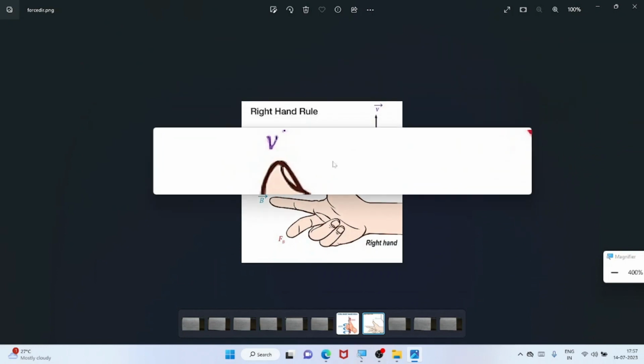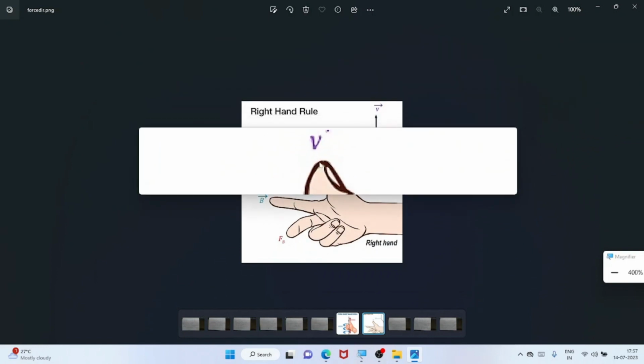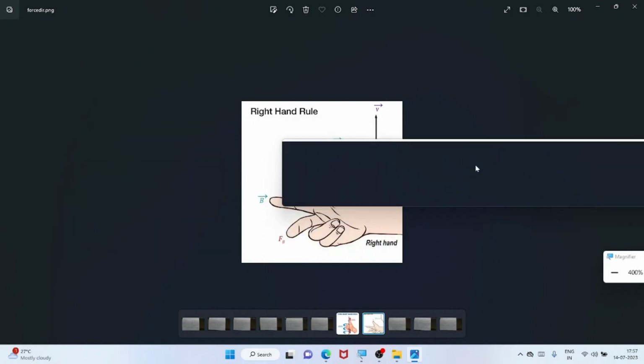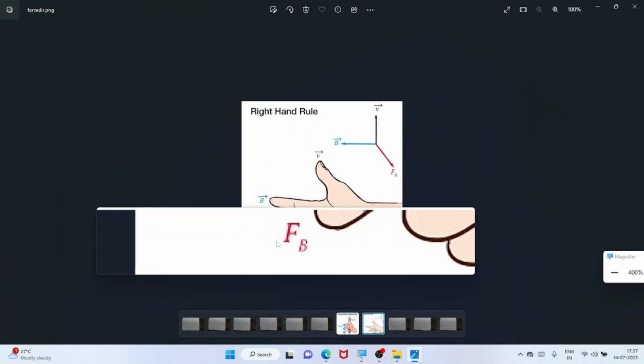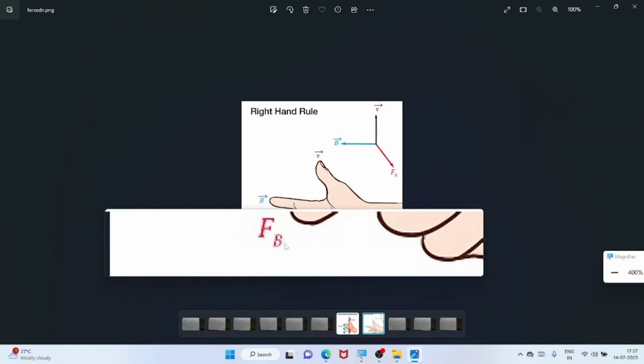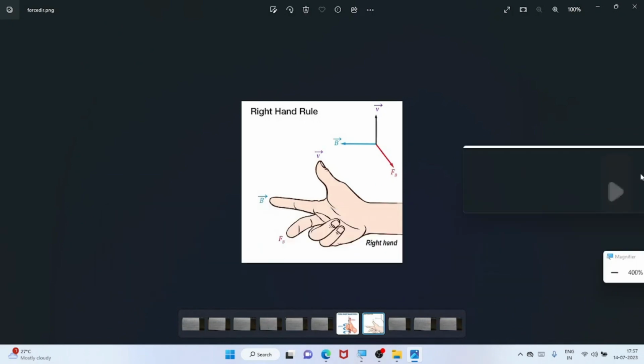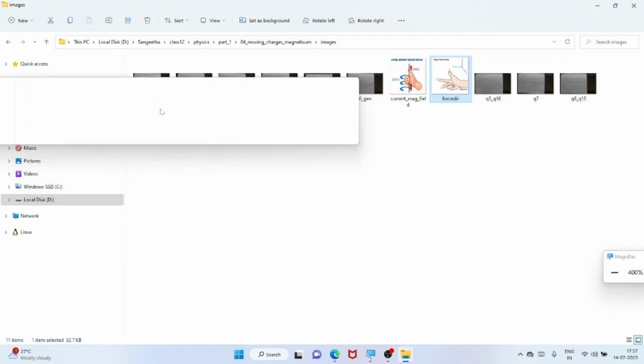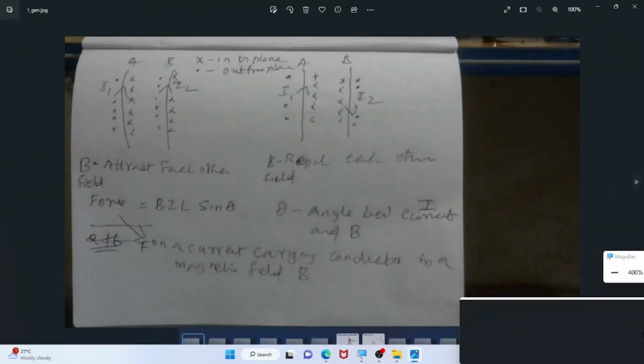This is the moving charge direction, that is velocity. This is the magnetic field direction, and this finger points to the direction of the magnetic force.